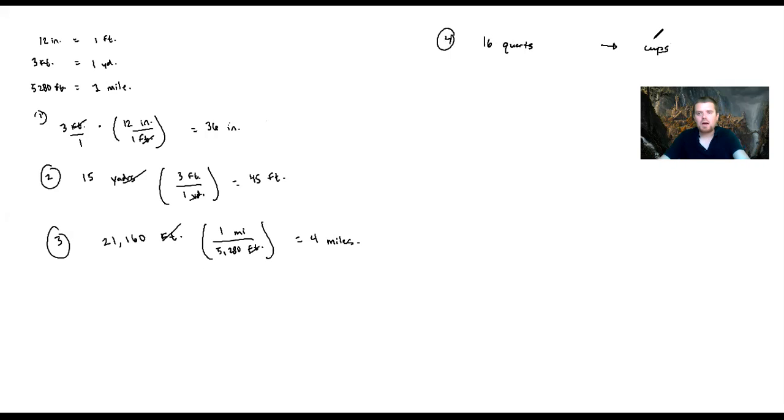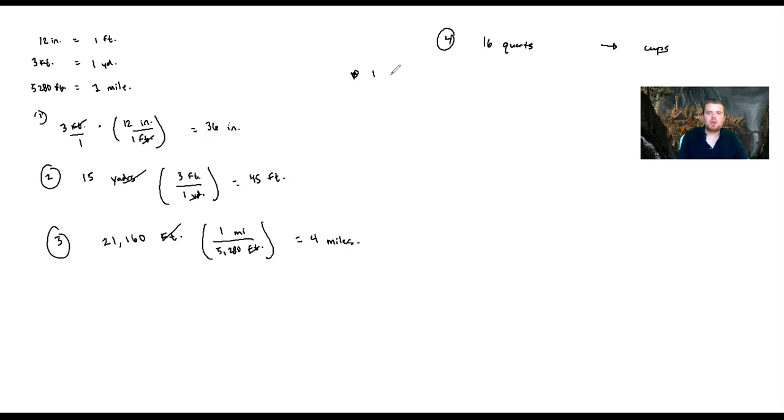Now, sometimes you're not going to have just a straight across conversion rate. Sometimes you will, sometimes you won't. If you're using your conversion sheet that's provided to you on the supplemental resources, it says that there is 1 quart to every 2 pints, and there is 1 pint to every 2 cups. Now, you might know that 1 quart is 4 cups.